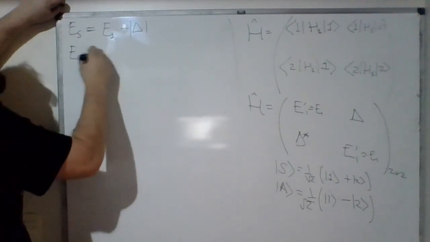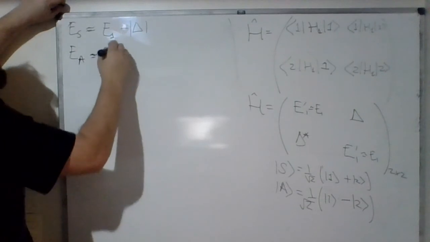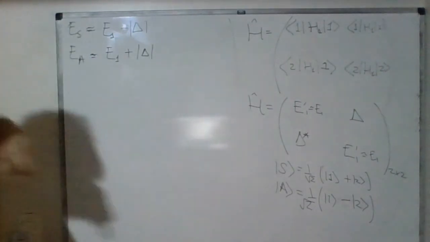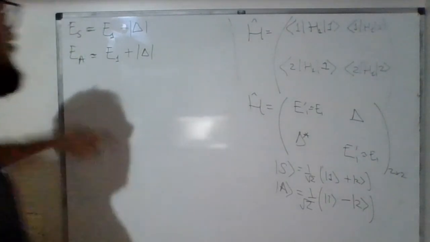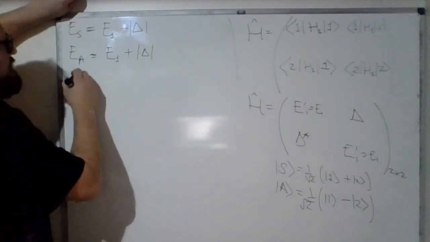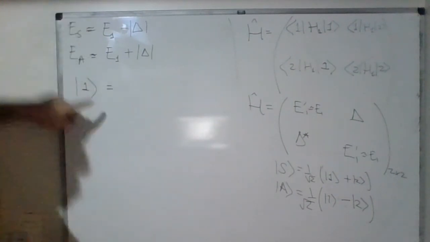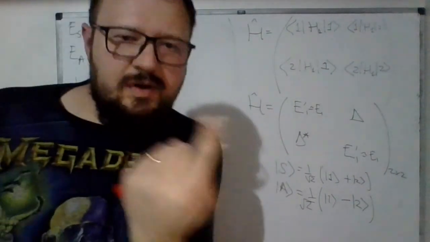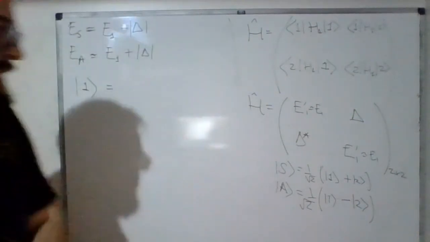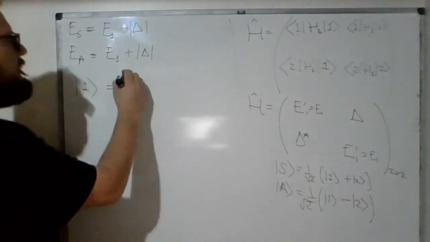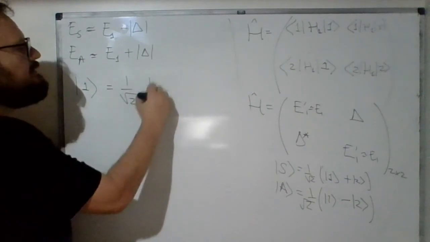And the anti-symmetric state will correspond to the same energy plus some delta. And you can just look at this one state. If you put the particle in the box number 1, it is the same as adding up these two states.